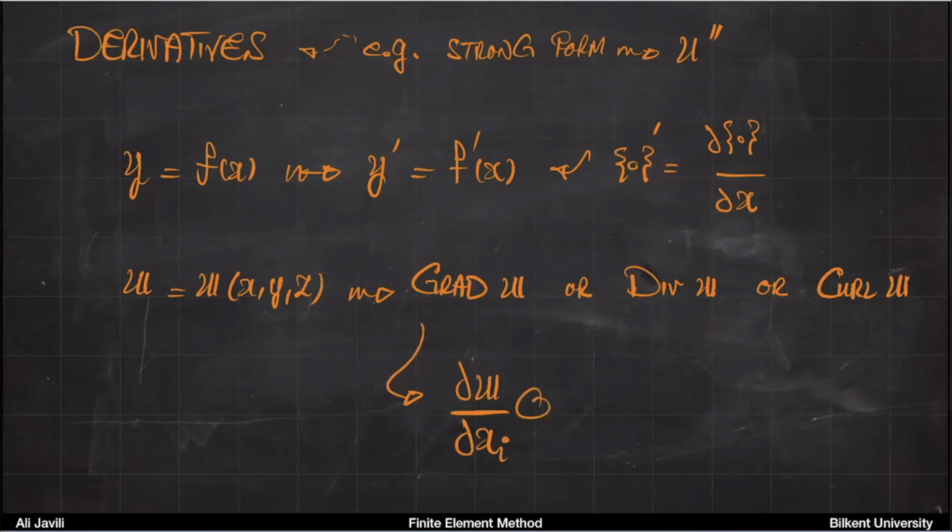Now that dyadic, remember we defined that dyad product, that's that. Divergence would be a similar story, except now it comes with a dot product.